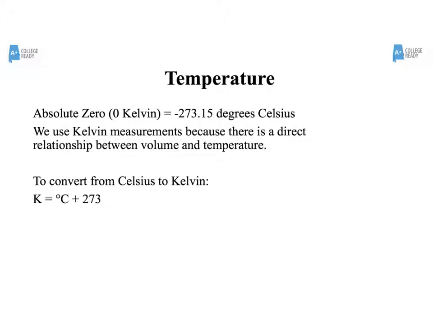So when you are doing temperature calculations, you need your temperature to be in Kelvin. And how do you convert that? Well, here's your equation. Kelvin is equal to degrees Celsius plus 273. It's technically 273.15, but we just round it to 273. So let's say that we had a gas that was at 25 degrees Celsius.